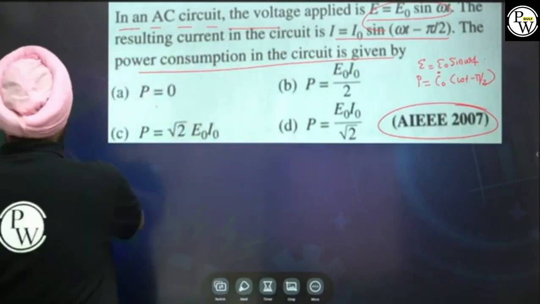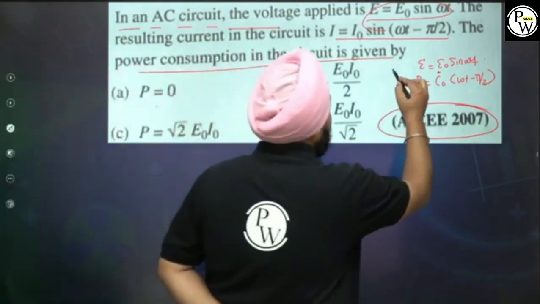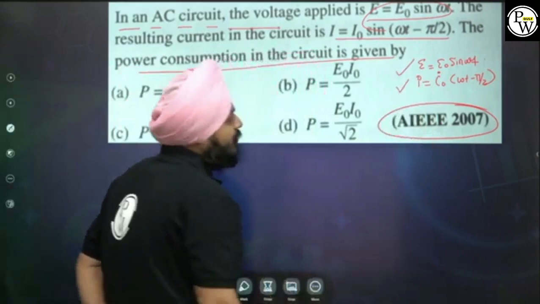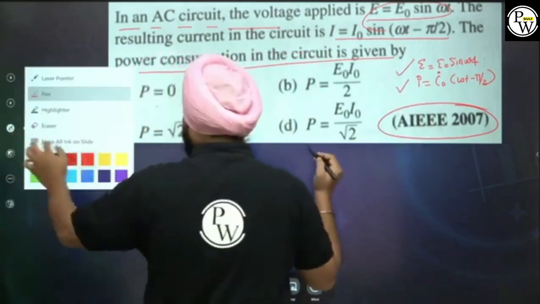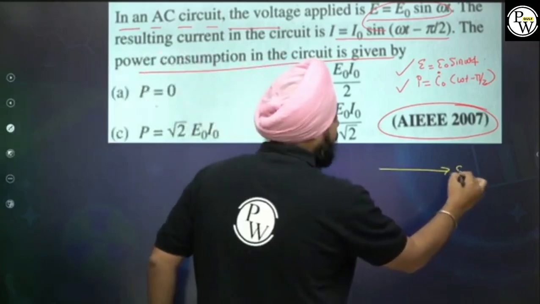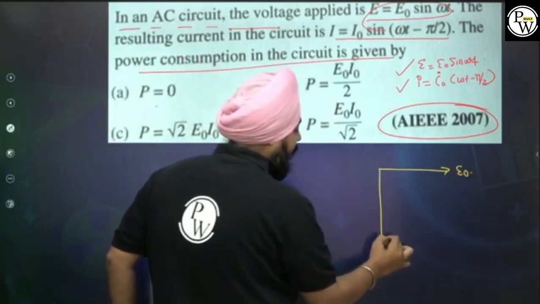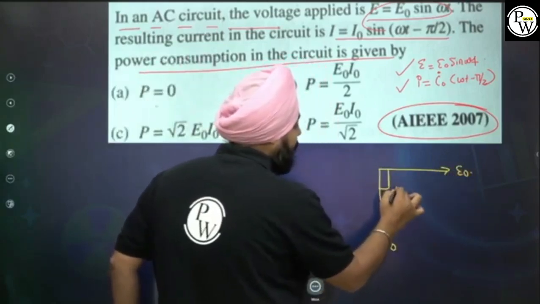If you can see this equation, the EMF is this, the current is this. If I draw the phasor, this will be E naught and this will be I naught, with a phase difference of pi by 2.